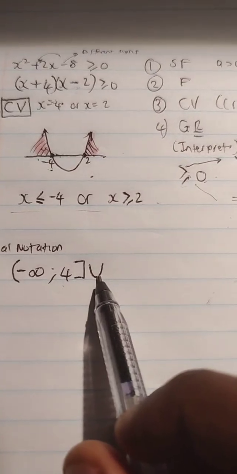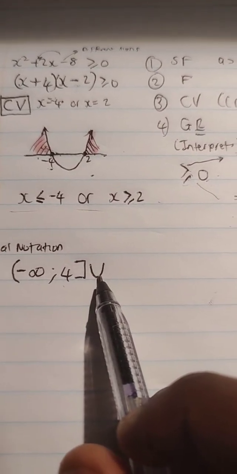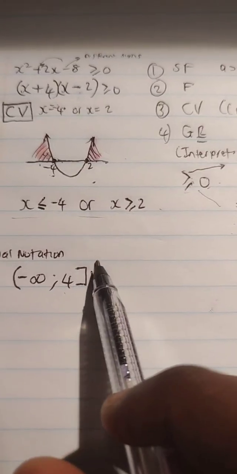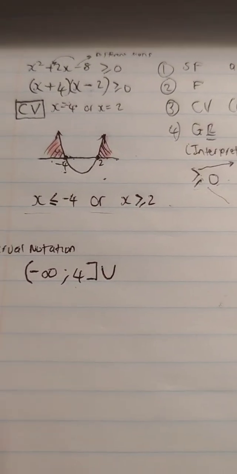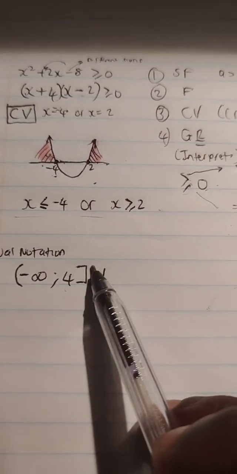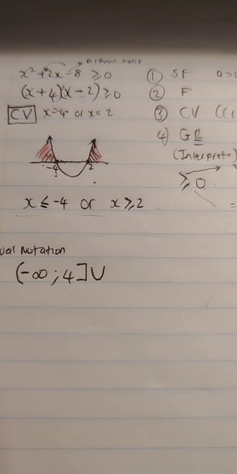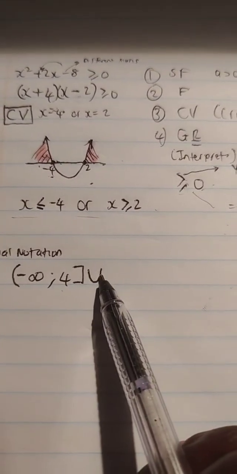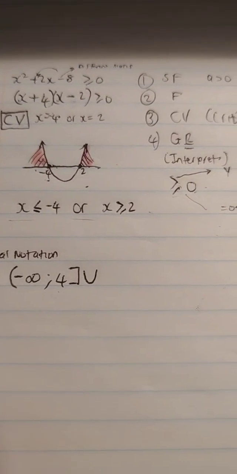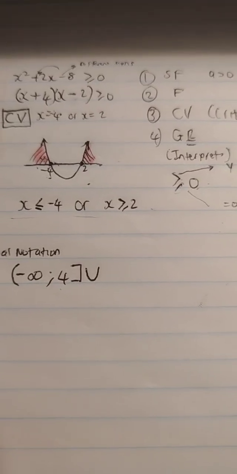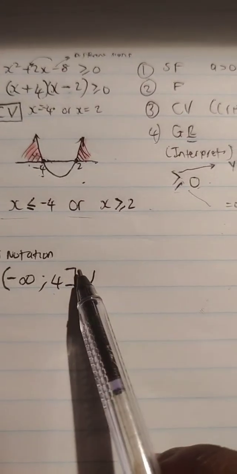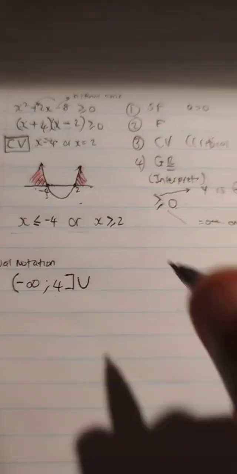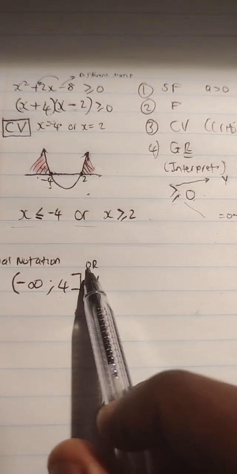We use this symbol in set notation. You must have seen this symbol when you were doing probability in grade 10. So this symbol means union. It means, in layman terms, or.